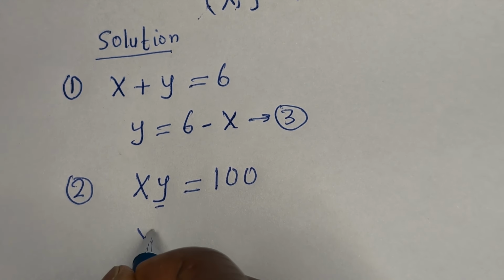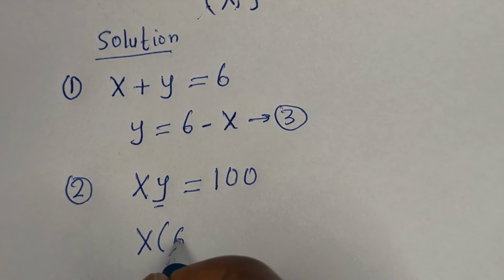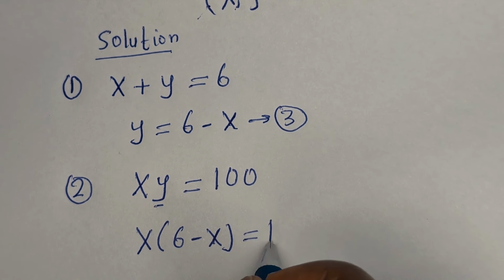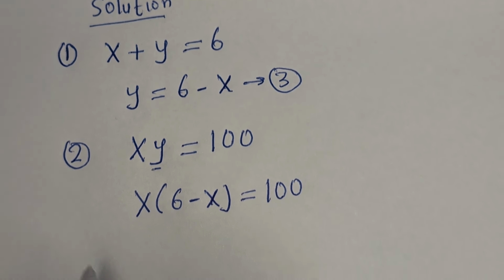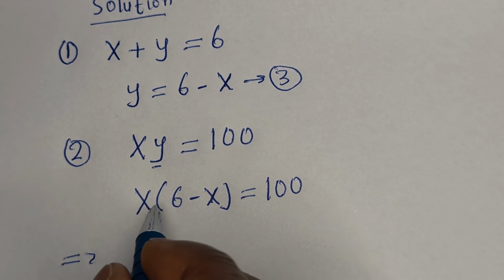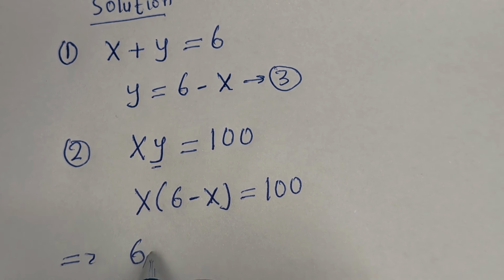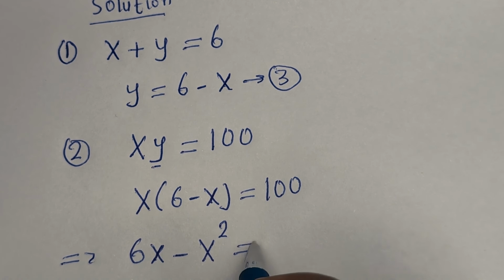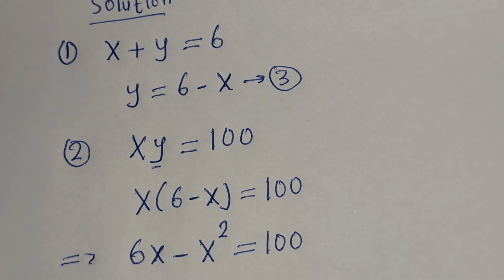We have s bracket 6 minus s is equal to 100. Let us open the bracket here. s multiplied by 6 is 6s, minus s multiplied by s, s square, is equal to 100.